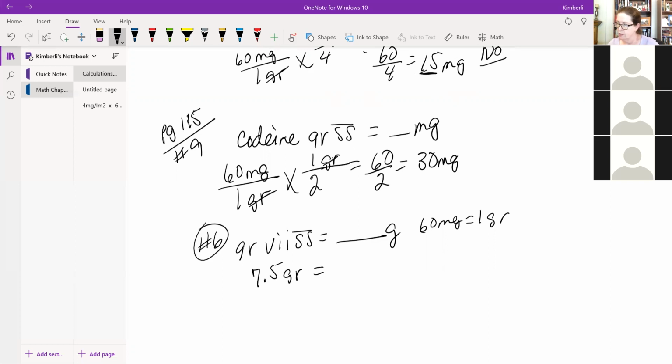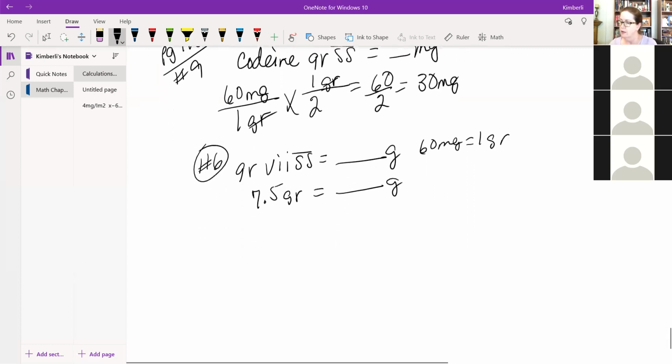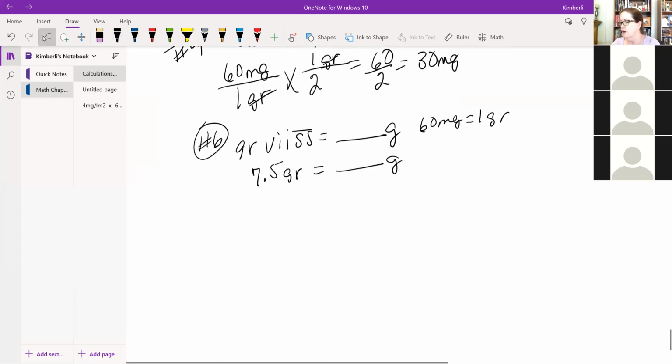I'm going to go right into decimals. We could use 60 milligrams in 1 grain, but then we're going to have to convert it to grams, right? Yes. So we know 1 gram is 1,000 milligrams, right? Yes.